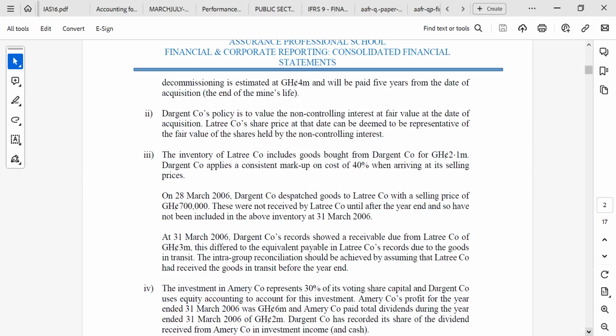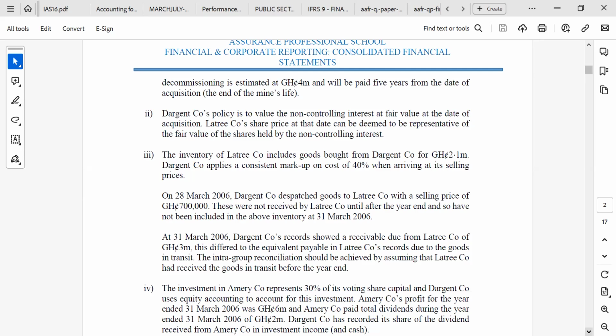At 31st March 2006, Targent Co's record showed a receivable due from Latrico of 3 million. This differs from the equivalent payable in Latrico's record due to the goods in transit. The intra-group reconciliation should be achieved by assuming that Latrico had received the goods in transit before the year end.